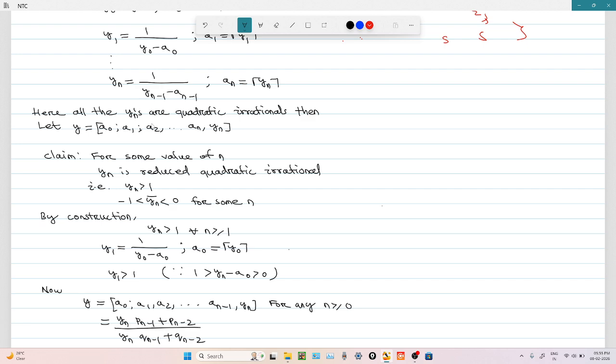Here all the yn, as you can see, are quadratic irrationals.